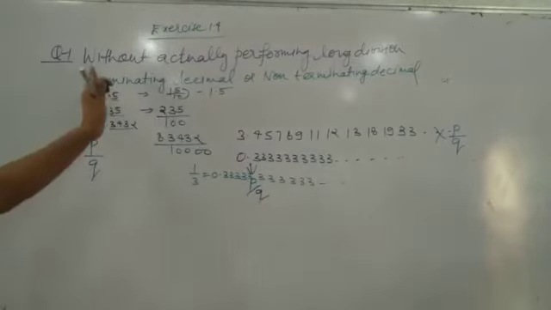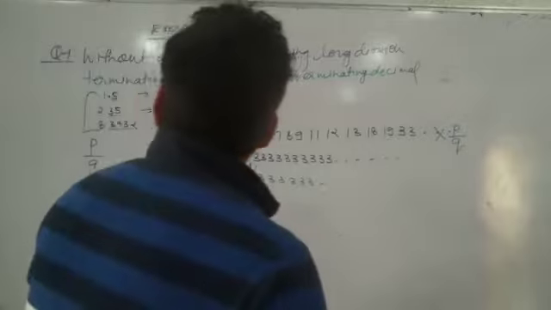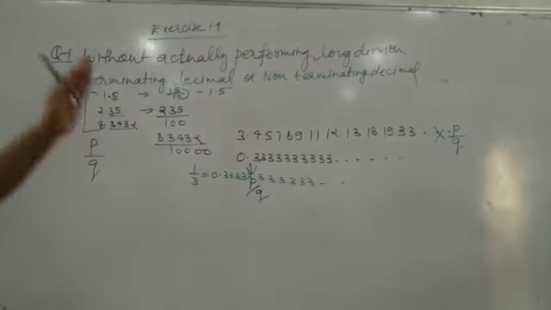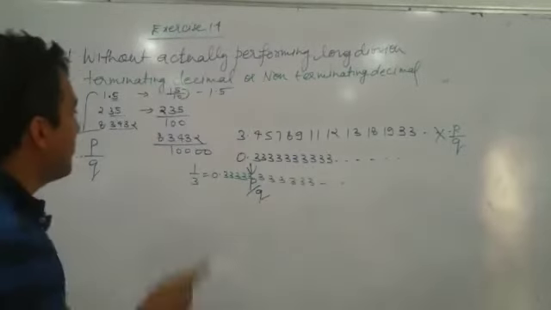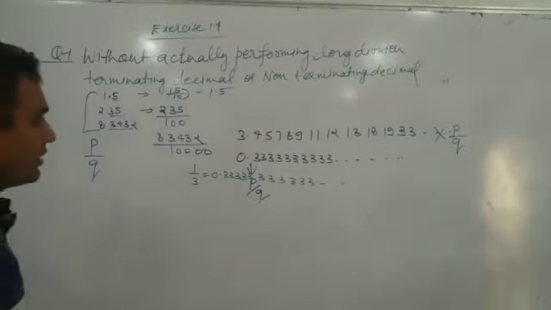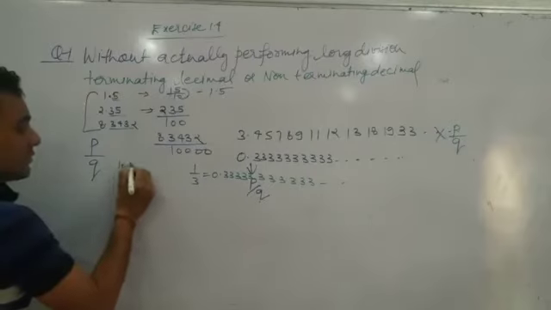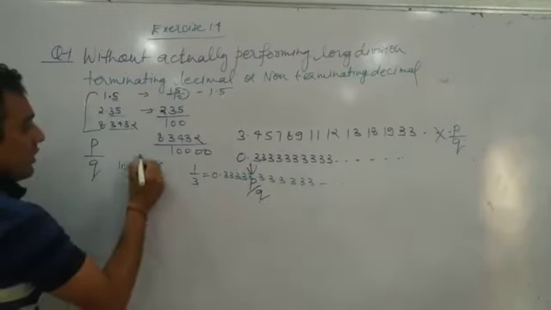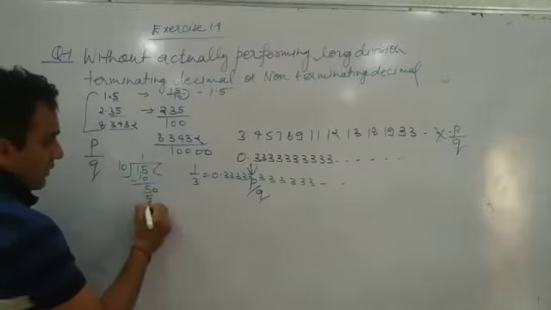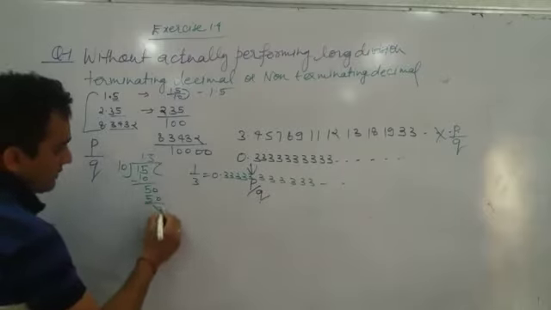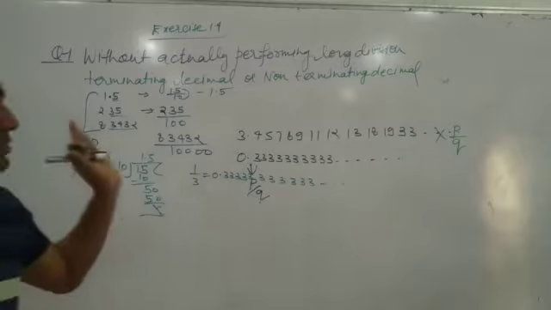But our question is slightly different from this. In this question, it is given to us without actually performing long division. We are not performing long division now. This is forbidden for us in these types of questions.